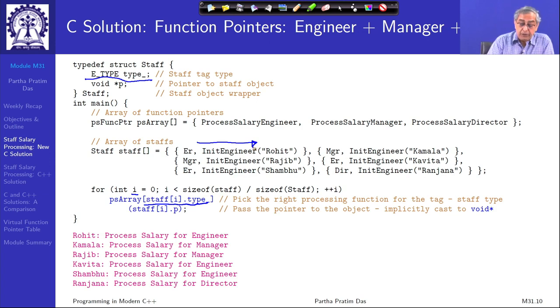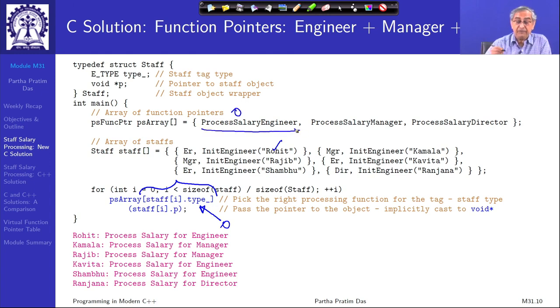So, what I do is index the array with that tag type. Suppose the first one is ER. What I will get here for Rohit is a 0. So, I am indexing PS array with a 0, and I get this processing function, which is the write processing function for the engineer. Now, what will I have to pass it?